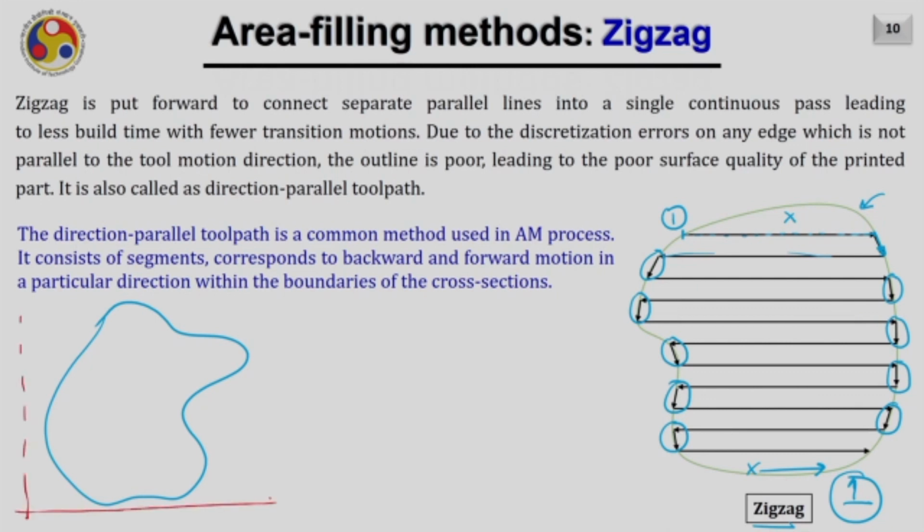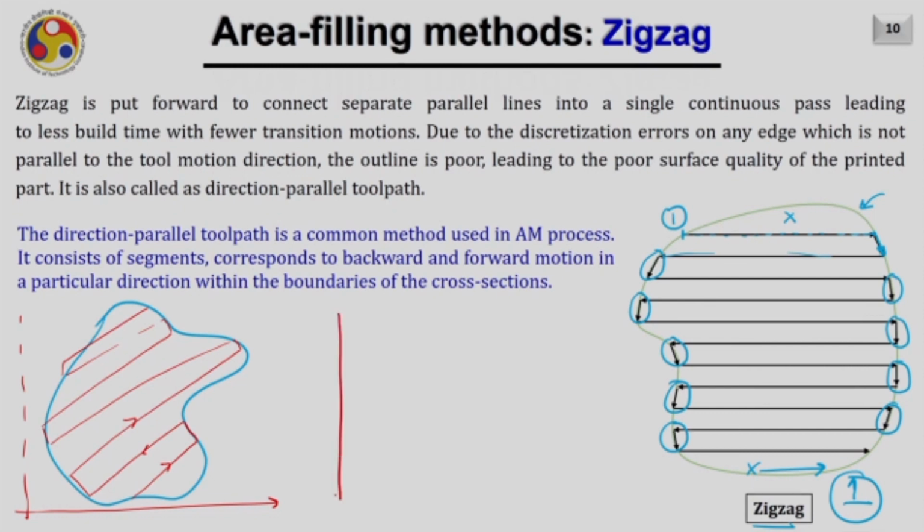For example, this is the x-axis and we are going to scan at 45 degrees. So the toolpath will look something like this. Now you can see the toolpath is at 45 degrees.